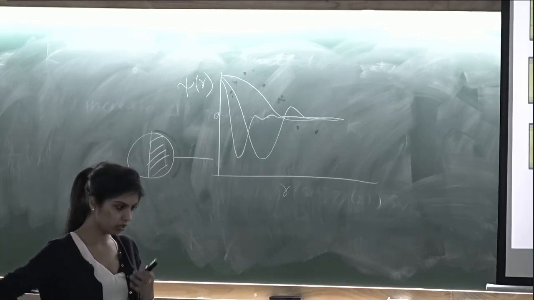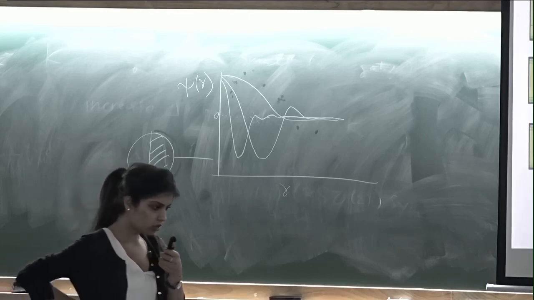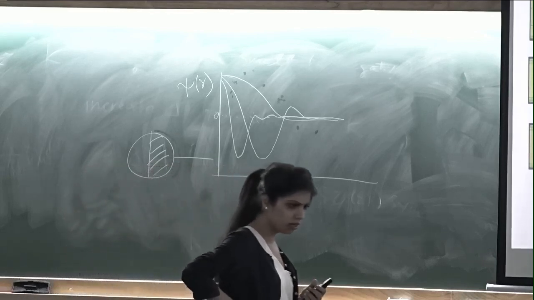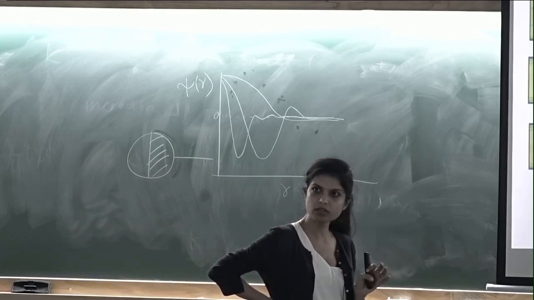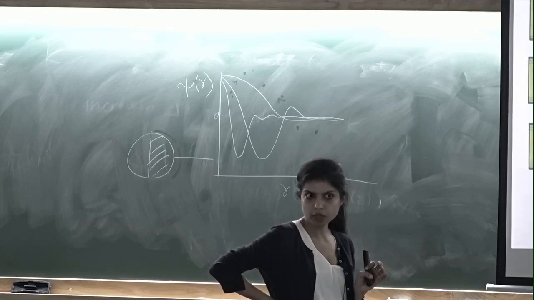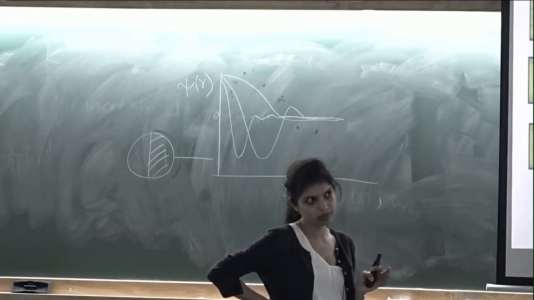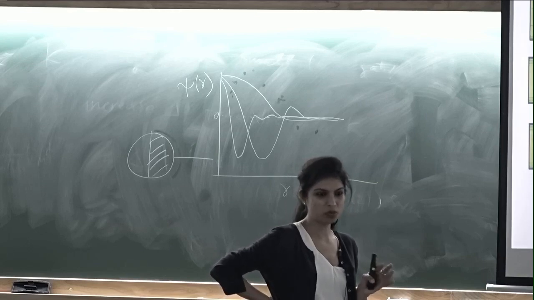So in experiments, it depends on the laser intensity, of course. Say if the laser intensity is around 10 microwatt per micrometer square, velocity is around 0.6 to 0.8 micrometer per second.